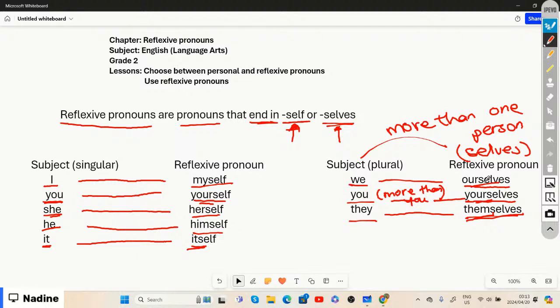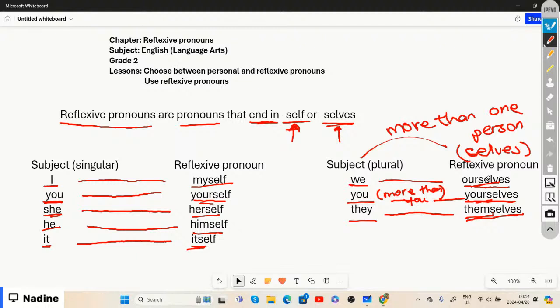So once again, we said reflexive pronouns. It's pronouns, right? It's not like saying the person's name. Remember, a pronoun takes the place of a noun. So instead of saying Nadine, or Winnie, or Nolly, or Betsy, we say you, or she, or he, or it, or I. Or we say we, you, they.